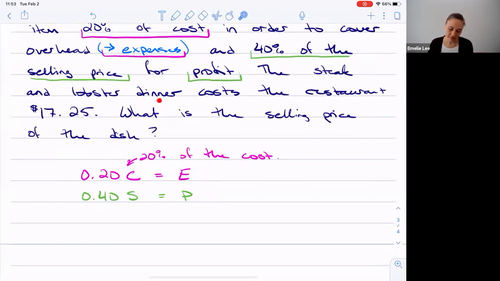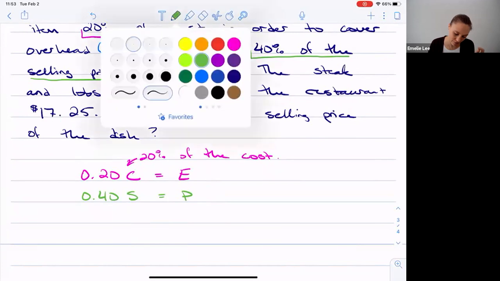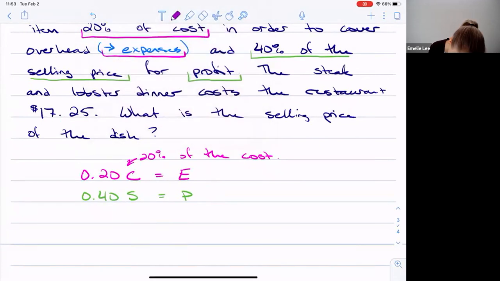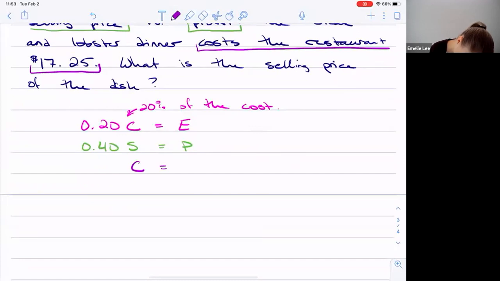Then we're told that the steak and lobster dinner costs the restaurant. Remember, the cost to the retailer is C, right? So what we're told here is that C is $17.25.